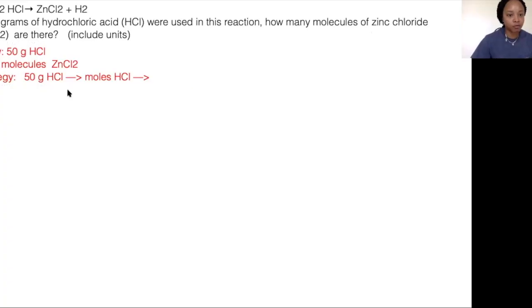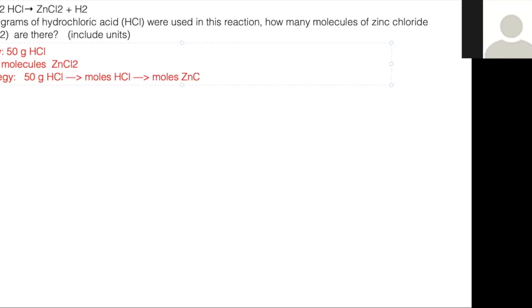So we're going from mass of HCl to moles of HCl, and then what do we have to go to next? Using the chart, you got the mole ratio. We're going to use the mole ratio to get moles of what? Zinc chloride, and then finally we get the number of atoms.